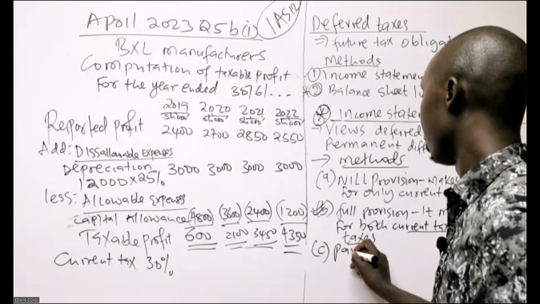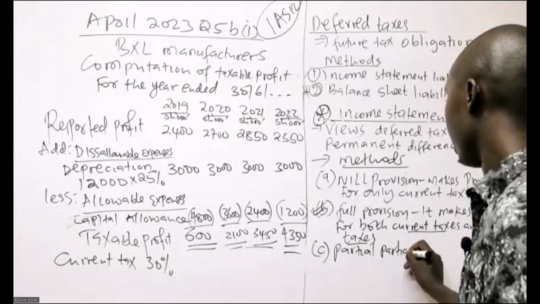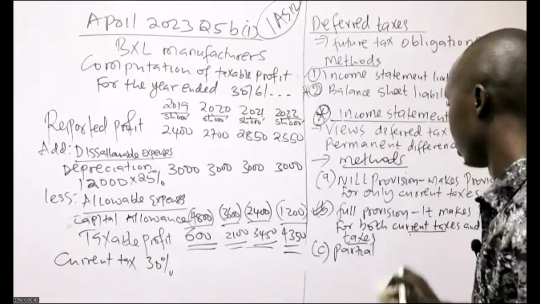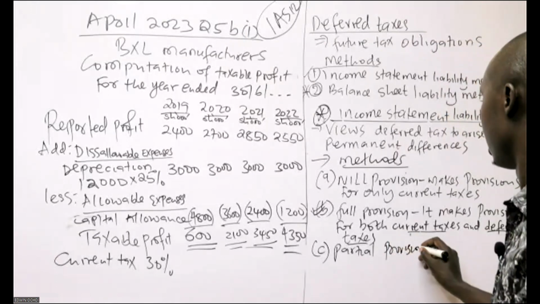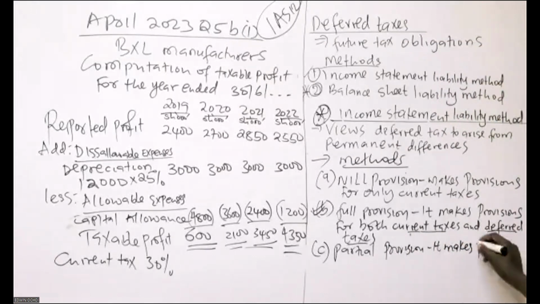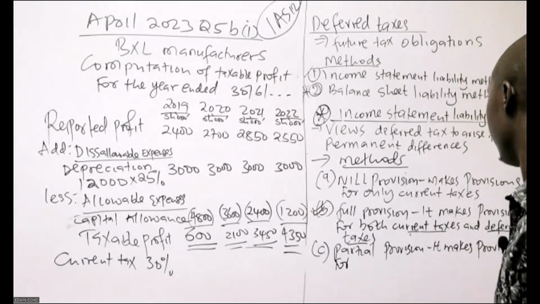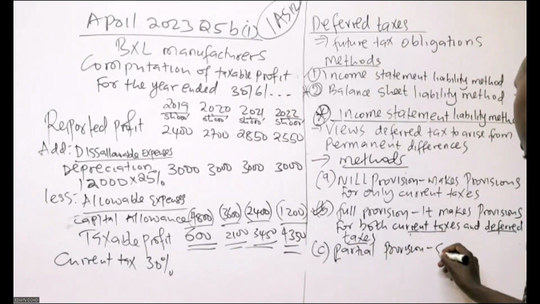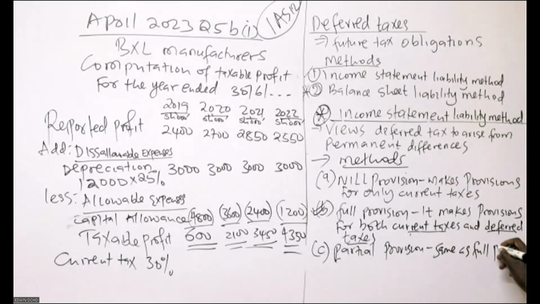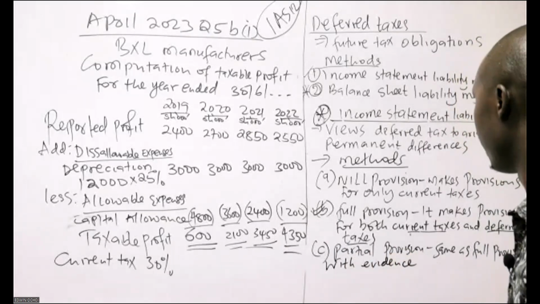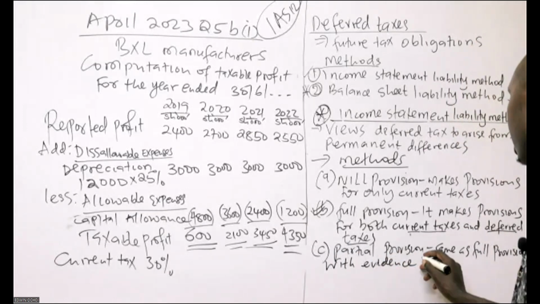Then C, we have the partial provision. It is the same as full provision, with evidence that the tax will reverse in the future.